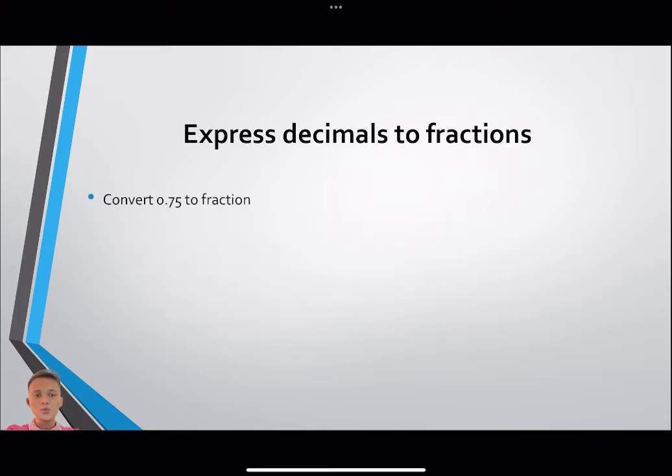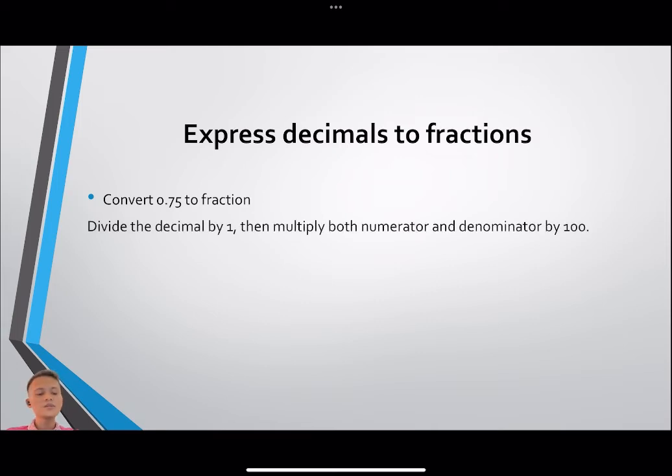For example, we are going to convert 0.75 into fraction. Now, first is we are going to divide the decimal by 1, then multiply both numerator and denominator by 100. So that is 0.75 over 1.